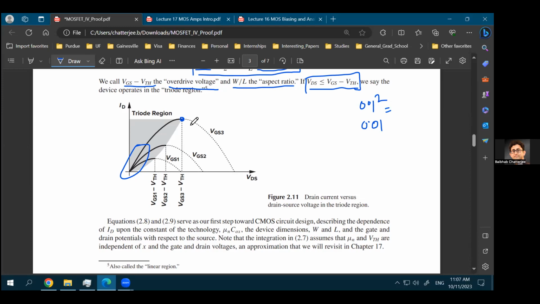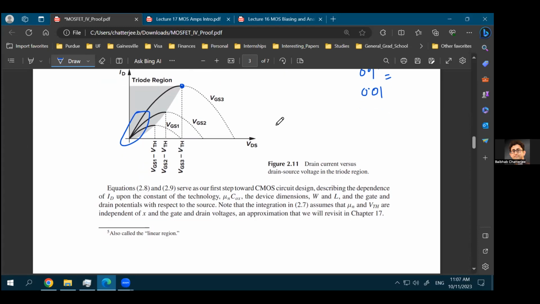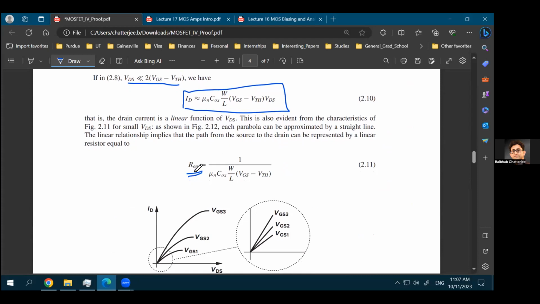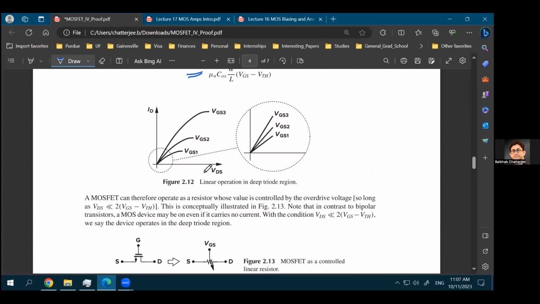In this case, we'll assume that the MOSFET is already on, but your VDS could be less than VGS minus VTH, or it could be more than VGS minus VTH. If it is less, you are in the triode region, and in that triode region, your on resistance is VDS over ID, and VDS over ID is 1 upon mu n CoX, W over L times VGS minus VT. That's your on resistance.